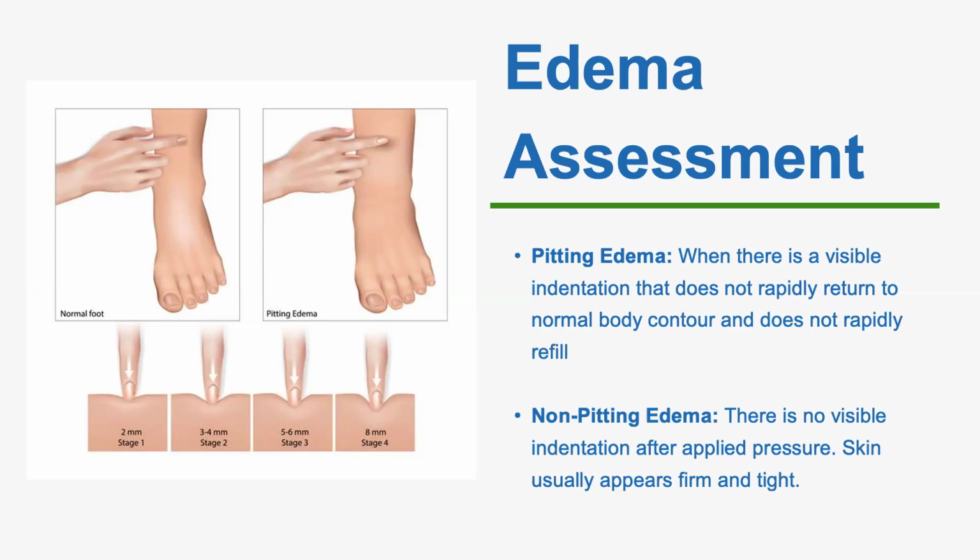And in general, the difference between +1, +2, and +3 pitting edema can be the time that it takes from the moment you do the indentation to the moment that it returns to normal body contour. Non-pitting edema, as is seen in lymphedema, there's no visible indentation after pressure is applied. The skin is usually firm and tight.